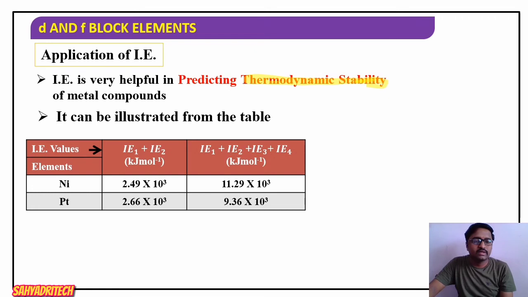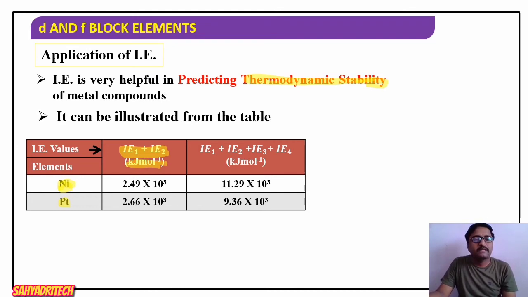Let us consider just two elements here, nickel and platinum. When I look at the sum of the first and second ionization enthalpy, expressed in kilojoules per mole, look at the values.